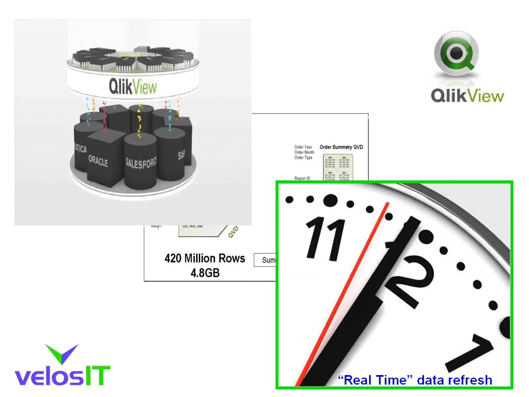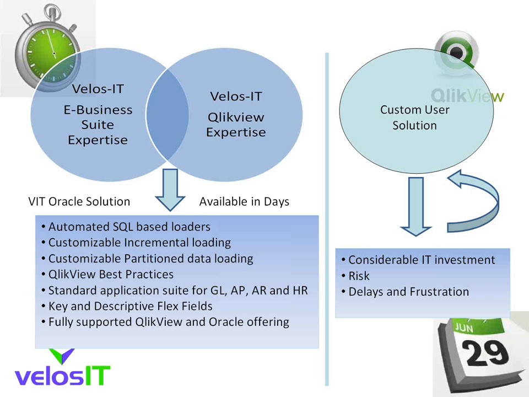And an additional option you can get with Velos IT is the ability to load your data incrementally from eBusiness Suite, or in fact any database, approximately every 5 minutes. So that provides a virtual real-time BI system that doesn't impact production system performance, which can obviously be crucial from a reporting and a systems performance point of view at specific times such as month end.